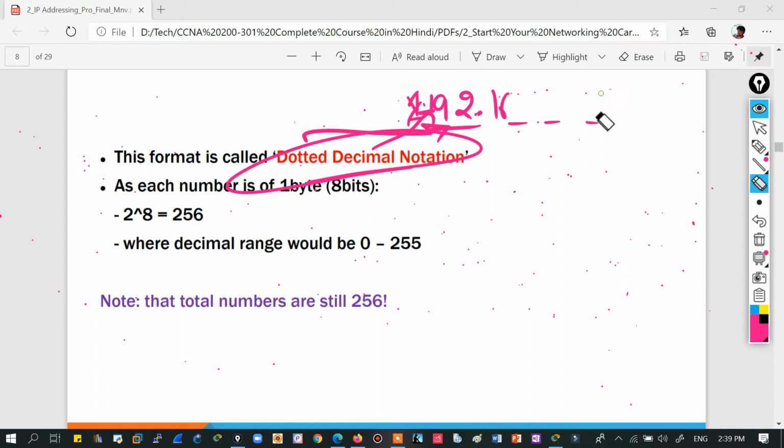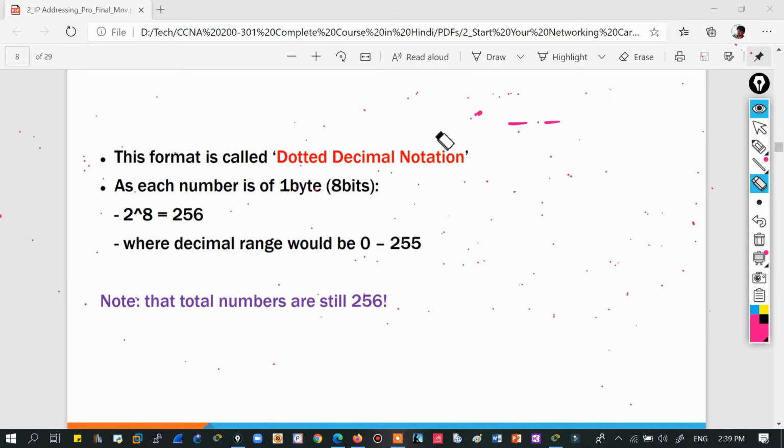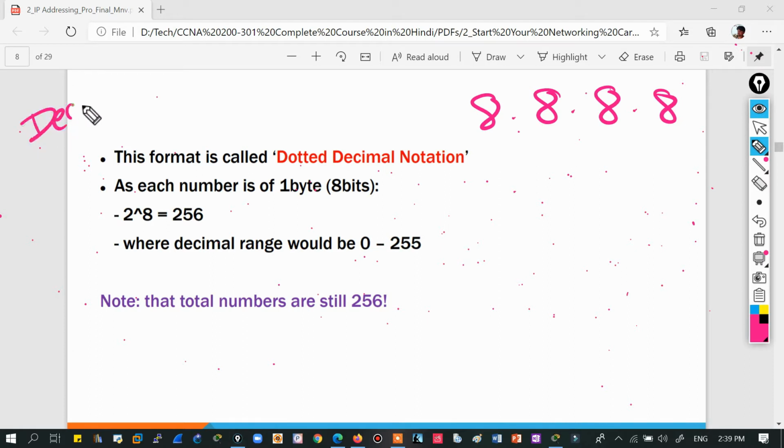Fantastic. Now let's study the minimum and maximum range of an IP address. Each octet has 8 bits. Let's see what can be the minimum IP address and what can be the maximum IP address. If I take the example of the decimal number system, we use 0 to 9, these 10 numbers.